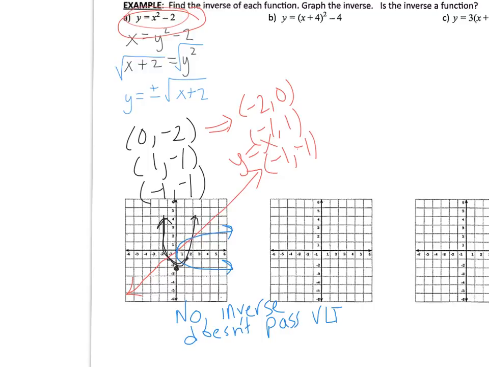Another way you can look at it is that the original function doesn't pass what we call the horizontal line test. It crosses twice right here. So the original function uses the horizontal line test, and for the inverse you do the vertical line test. Off the bat, you could tell that the inverse is not a function.